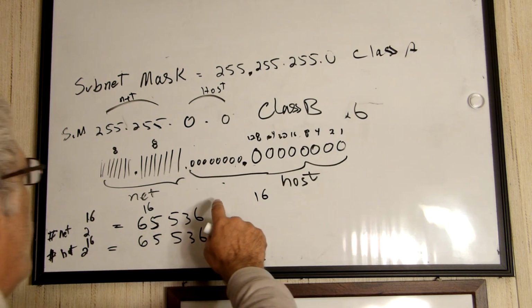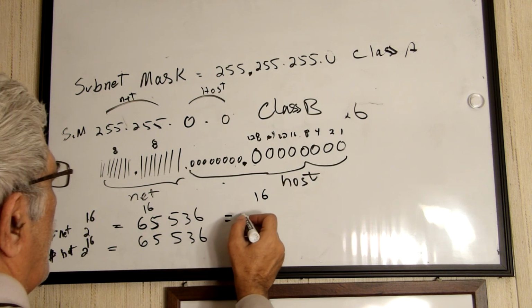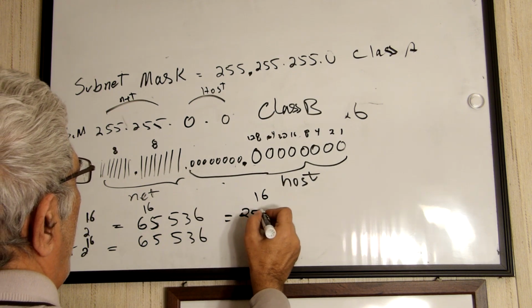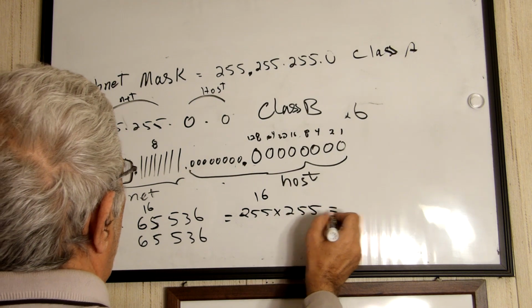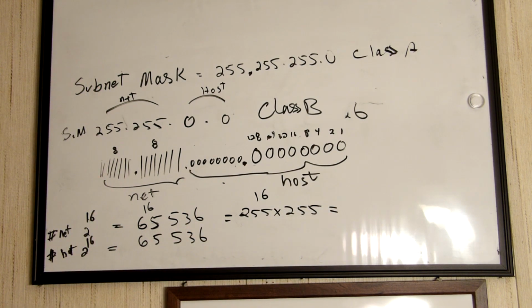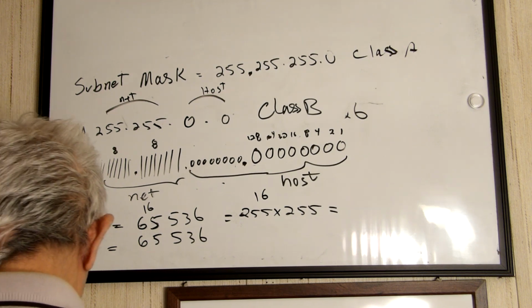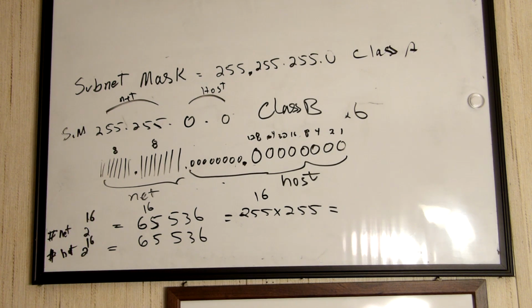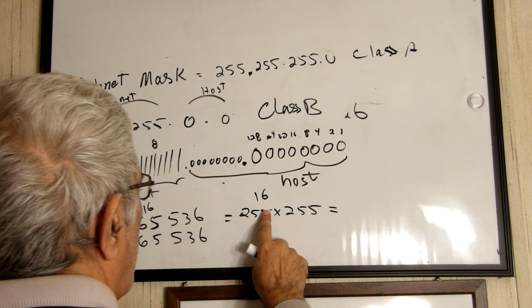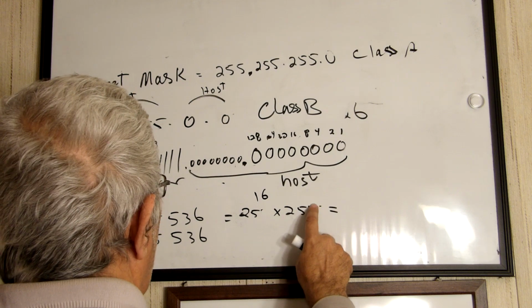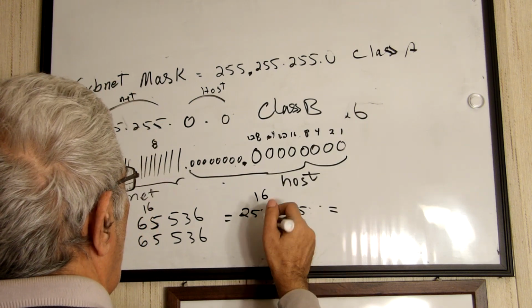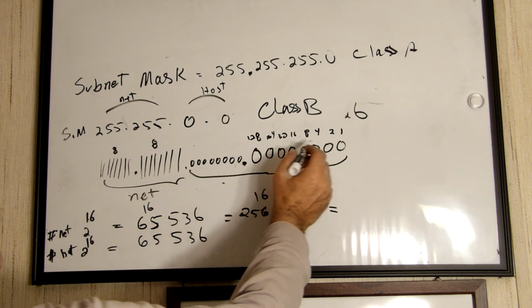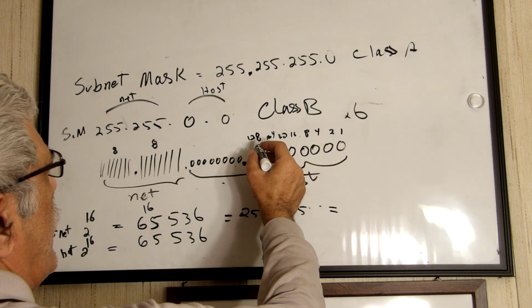So you can do this by 256 times 256. You know, you will get 256 actually, because we're talking about 128.